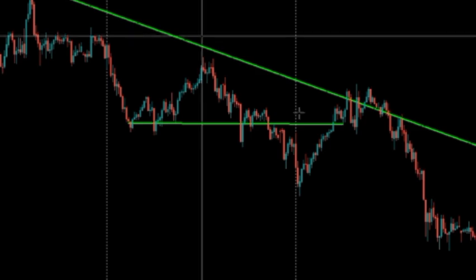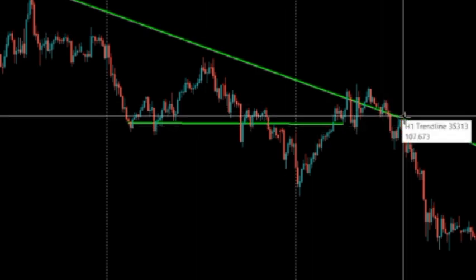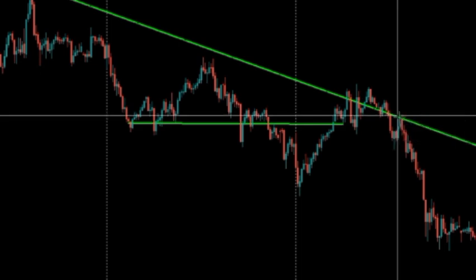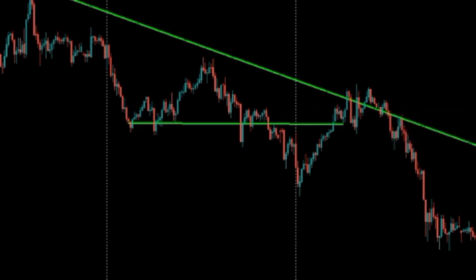That is my range, and it came beyond 50% fib, which I will use as my entry.